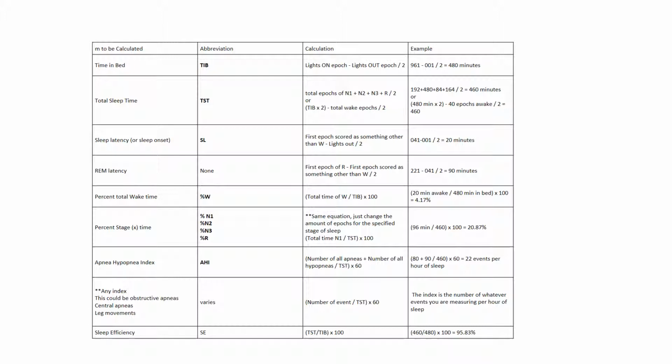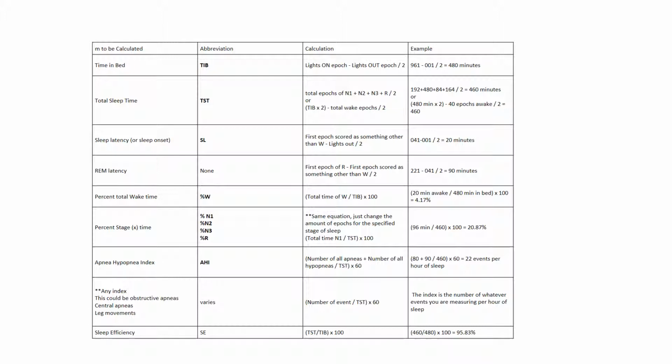Moving down the table, percent total wake time, abbreviated percent W. This is the total time of wake divided by the time in bed times 100. So you take your total amount of wake time in minutes.